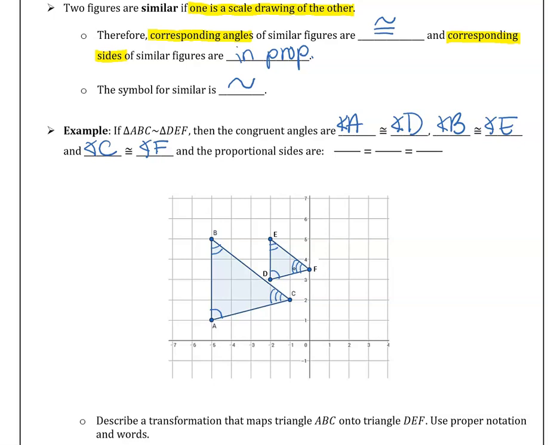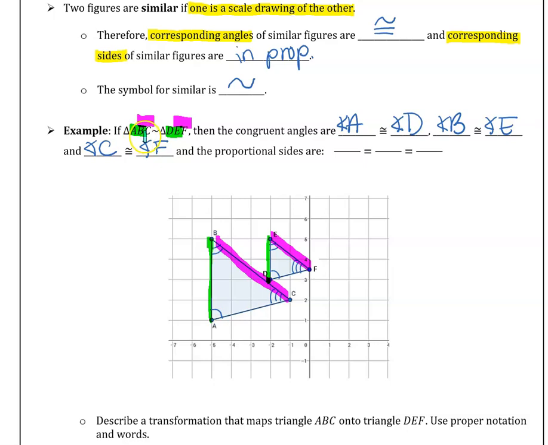Now, it's also going to be true that the corresponding sides are in proportion. So, for example, let's start with AB, which is the first two letters, and DE. So in my figure, that's between the single arc and the double arc. The next two would be BC and EF.